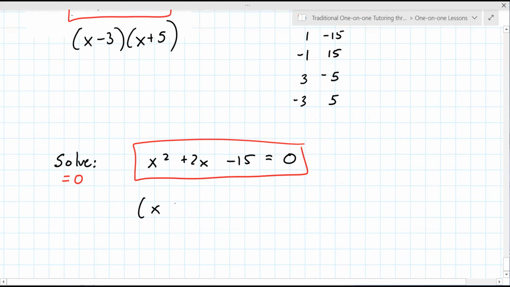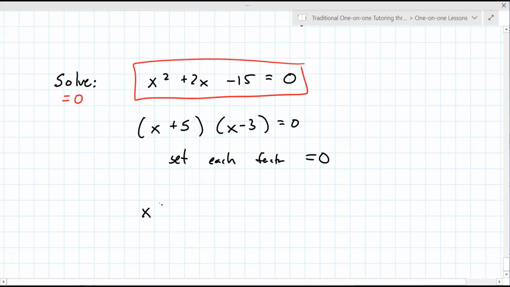So you factor, like you said, and then you set each factor equal to 0. So x plus 5, x minus 3, you set them both equal to 0. So x equals -5, x equals positive 3.